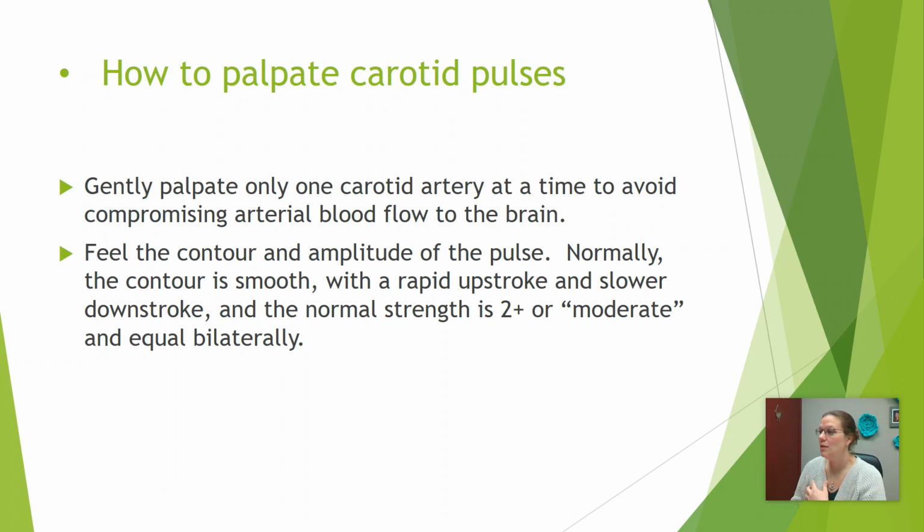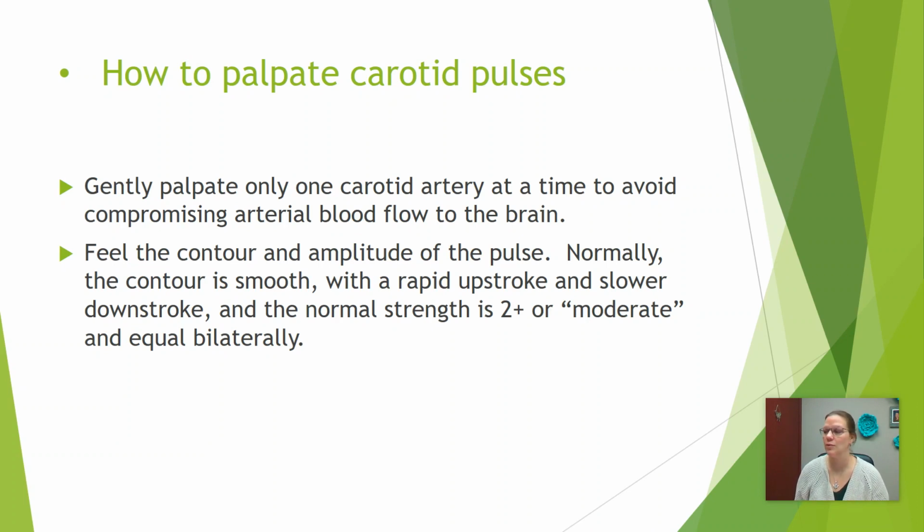So an increased pulse feels full and strong, and that will occur with hyperkinetic states like exercise, anxiety, fever, anemia, and hyperthyroidism. A full and strong pulse is going to be documented as a 3+ or 4+. A 4+ might even be described as bounding, probably too strong, okay?